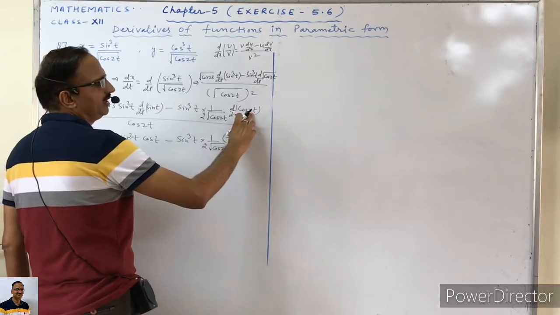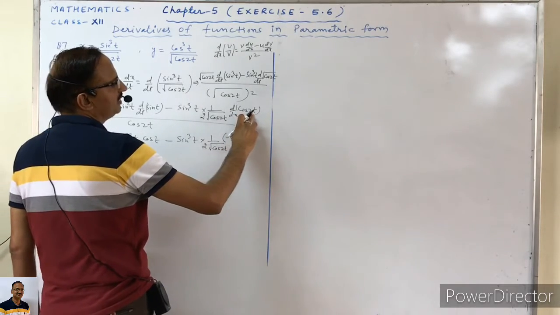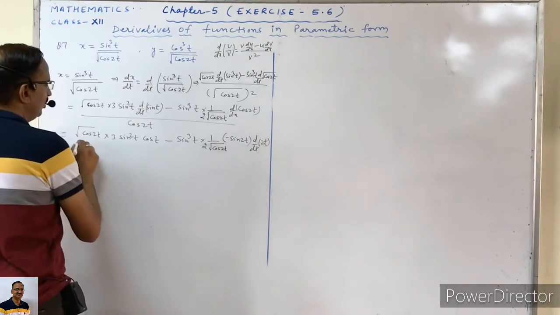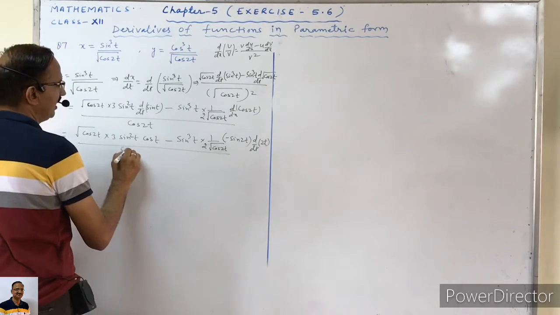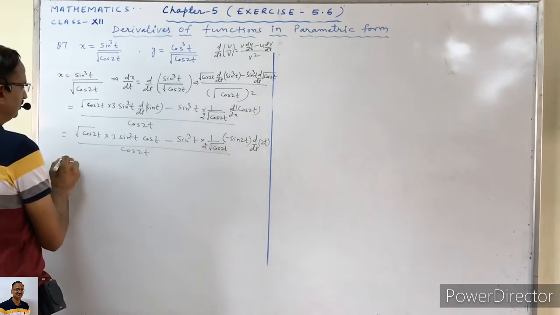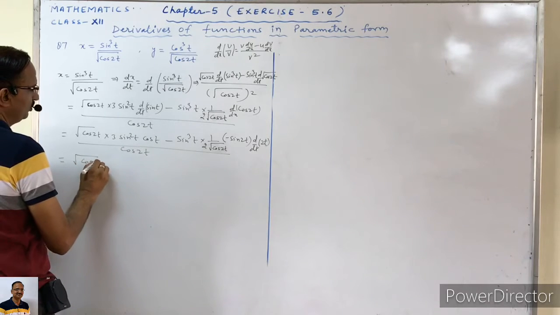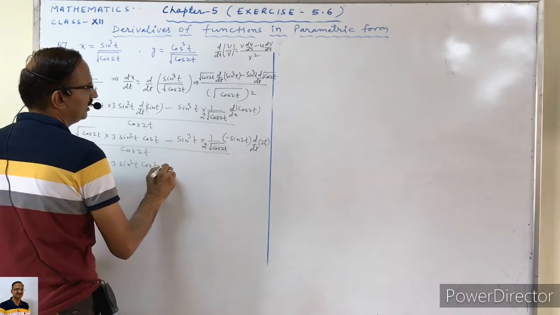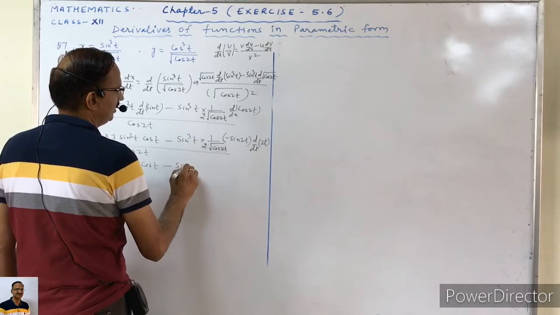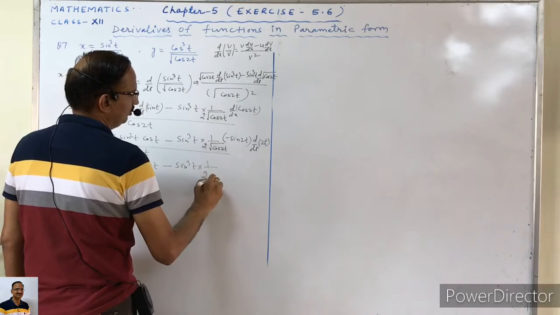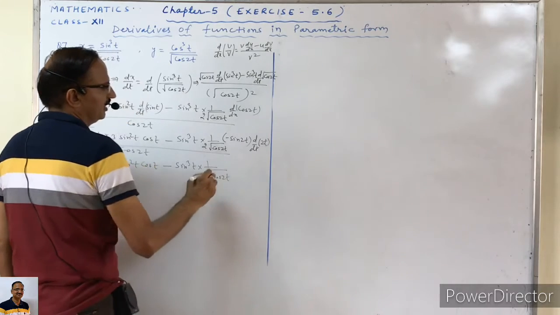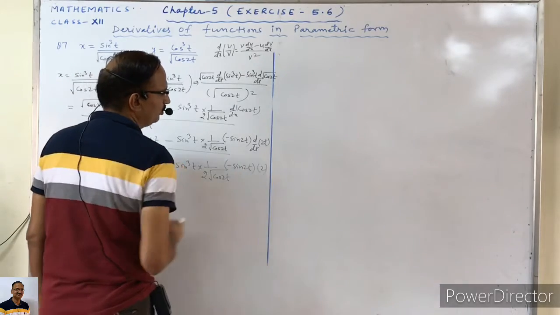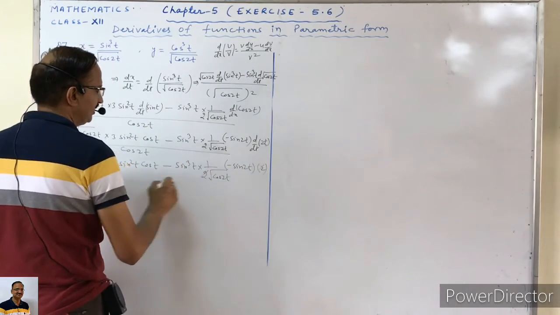But this is not t, so we will write the derivative of this 2t in the product. In the denominator there is no change, we will get cos 2t. Now this is root cos 2t, 3 sin²t cos t, minus sin³t, 1 by 2 root cos 2t, and this is minus sin 2t, and the derivative of 2t is 2. Now 2 and 2 cancel out.